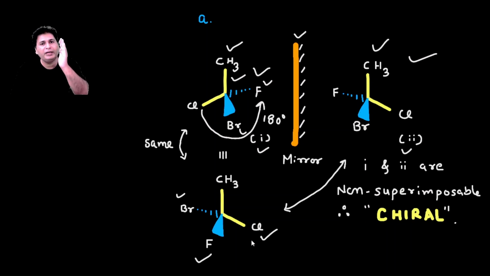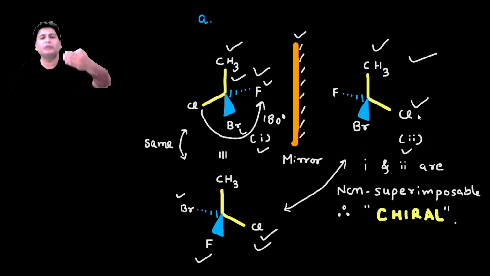I just wanted to let you know that if you try to superimpose this figure with this, the most you can do is superimpose the methyl with methyl and the Cl with Cl.